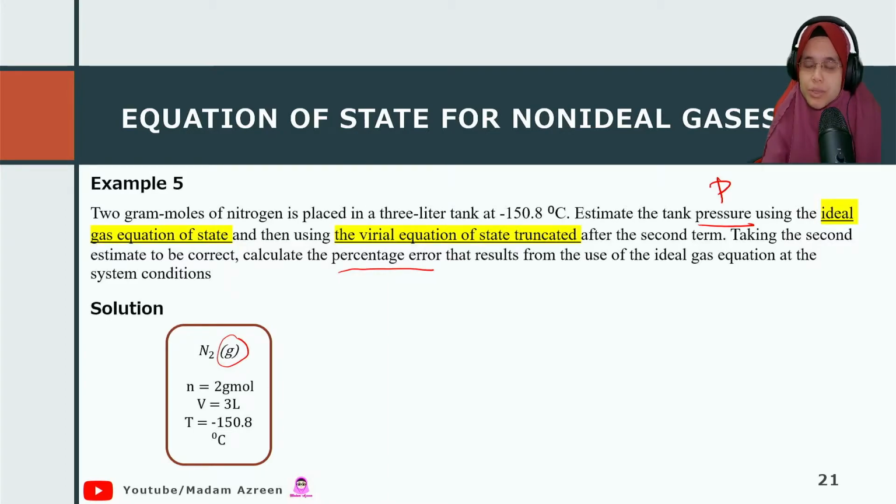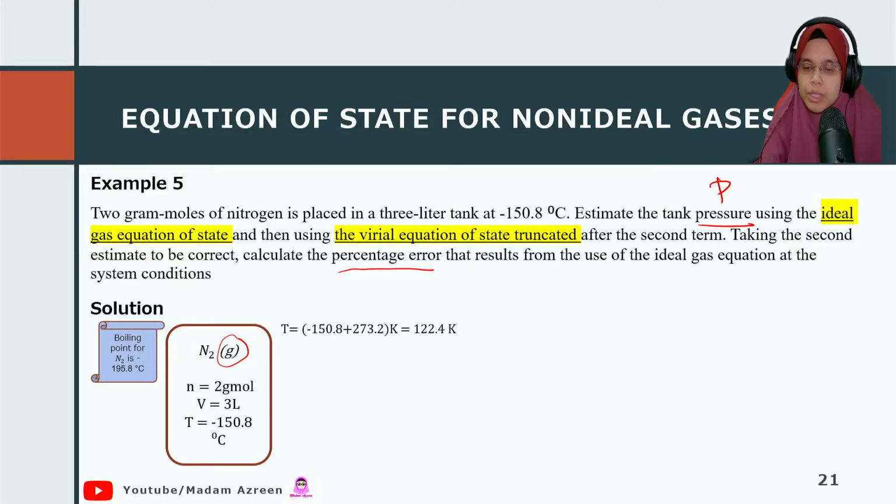In order for us to determine that, we have to check the boiling point of nitrogen. The boiling point of nitrogen is negative 195, which is below negative 115, so it is in gas form.